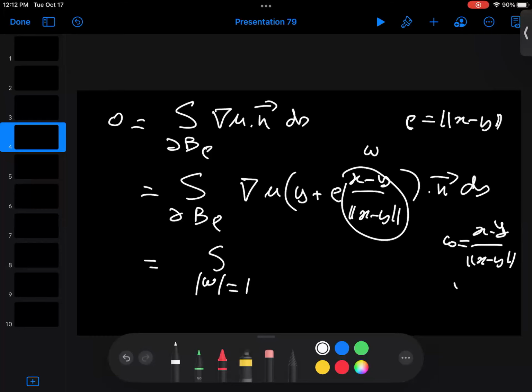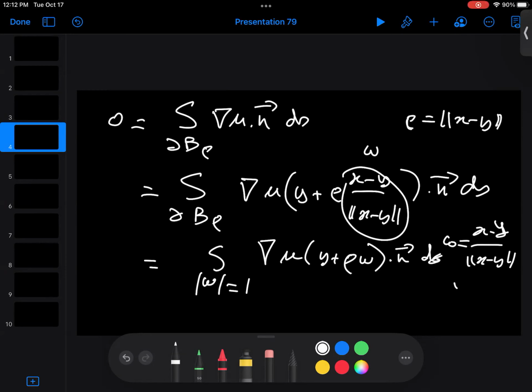Right. So when I do that, I can write that. But now my ds, let's write it d sigma.